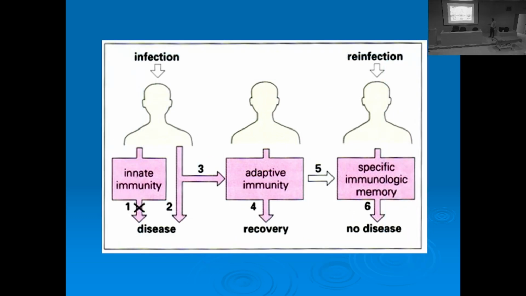So when we get infected, there are, as we all know, different outcomes of this infection. Not every infection will lead to disease. Remember, we have been talking about the concept of inapparent infection, okay? So when we get infected, there are different outcomes that could happen. Either the infection is controlled by the innate immunity and nothing happens.